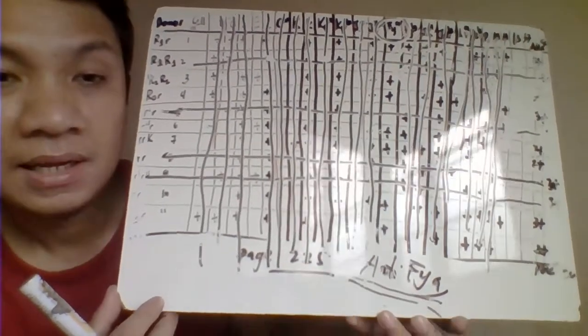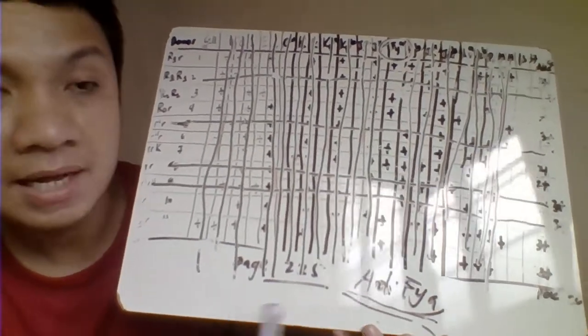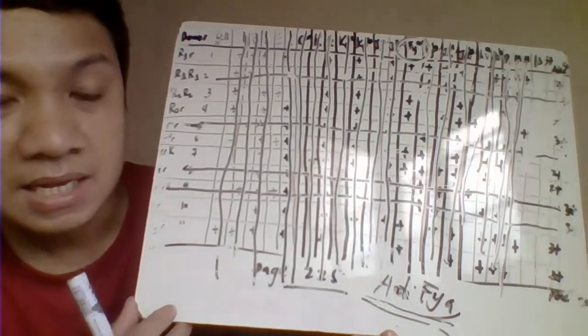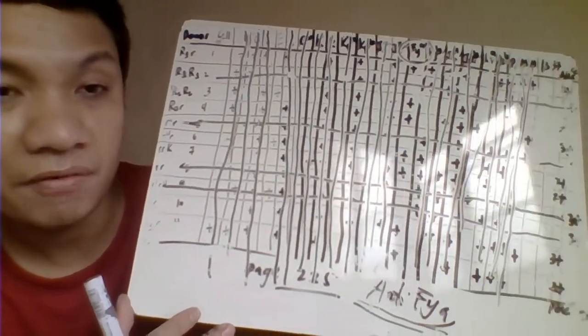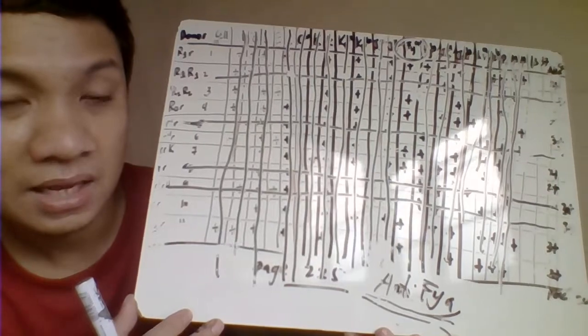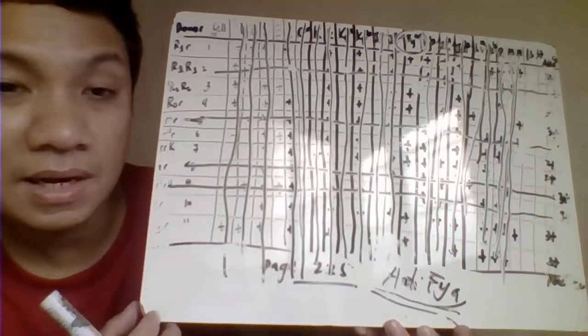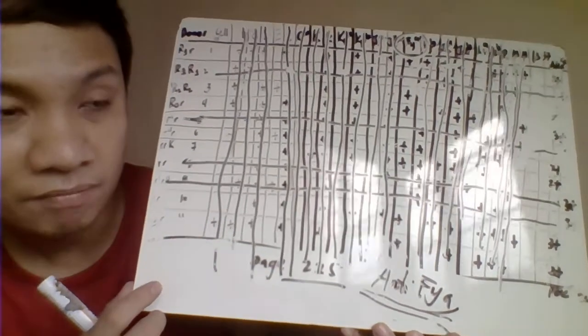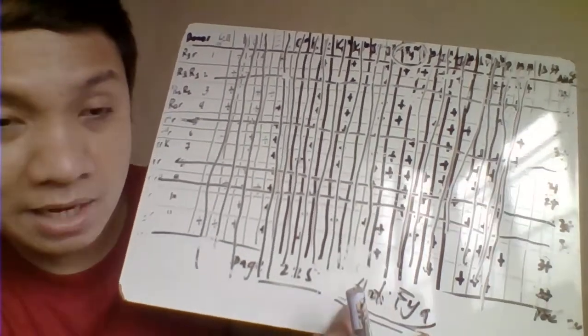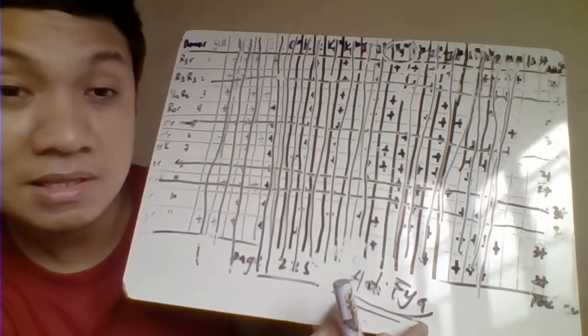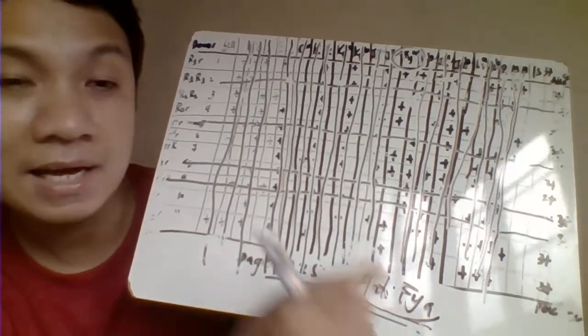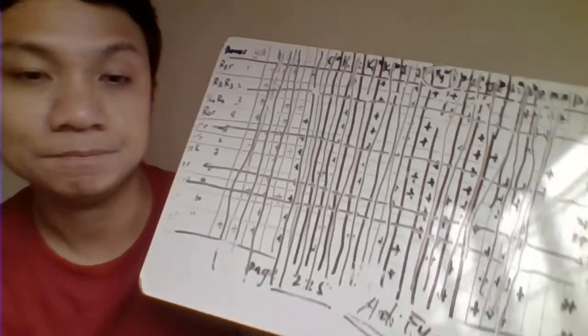Remember that nag-develop siya ng anti-FYA na antibody is because previously negative siya for your FYA antigen. And therefore, since may antibody na siya, dapat ang FYA antigen sa red cell niya is negative. Kung na-detect mo ng antibody, tapos ang red cell is positive also for that, baka nagkamali ka ng pag-exclude or identify.